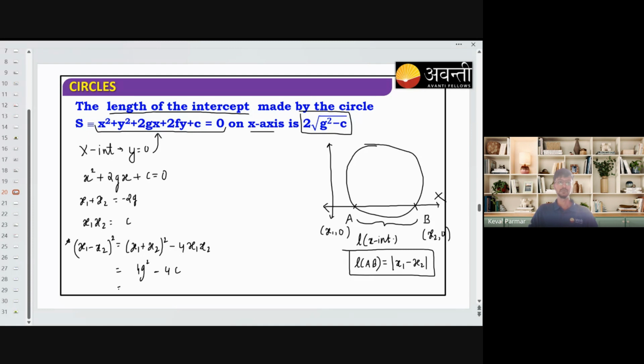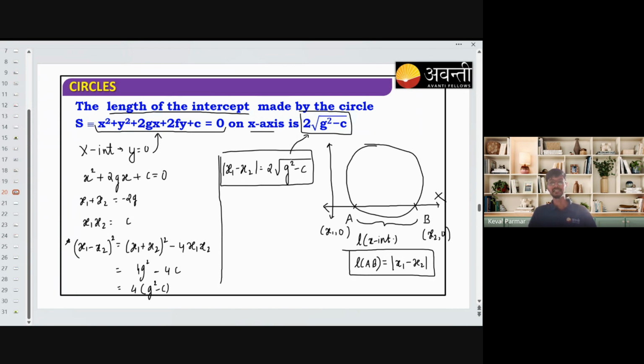So we can take 4 common, and we get g square minus c. This is the value of x1 minus x2 the whole square. If we take the square root on both sides, we get mod of x1 minus x2 equals 2 under root of g square minus c. Simple. Which is the length of the x-intercept. Correct, guys?